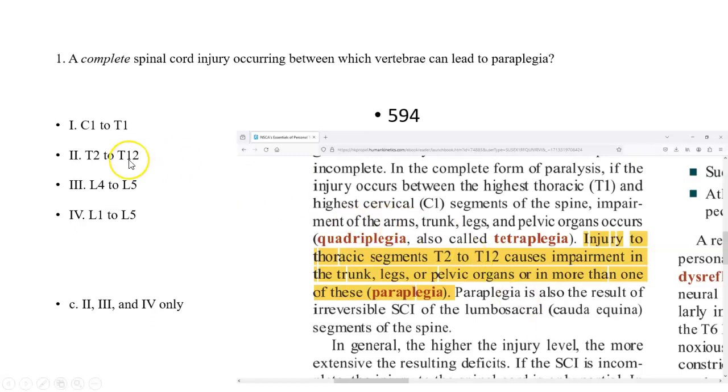So go back to our picture: T2 to T3, okay, so everything downstream, L4, L5, L1 to L5. That makes sense, because anything up in the cervical area with damage there would mean the person experiences tetraplegia. So that's how I wanted you to reframe this question.